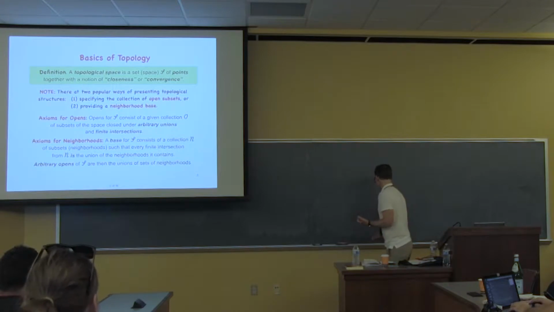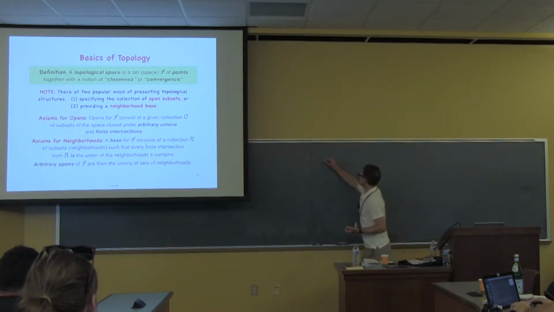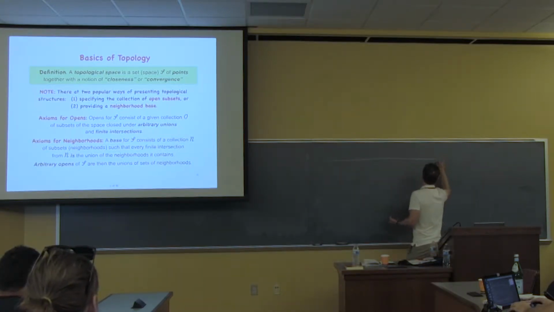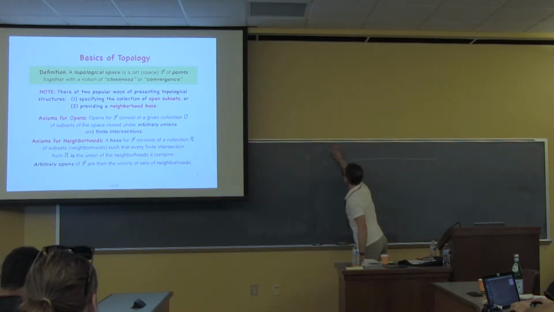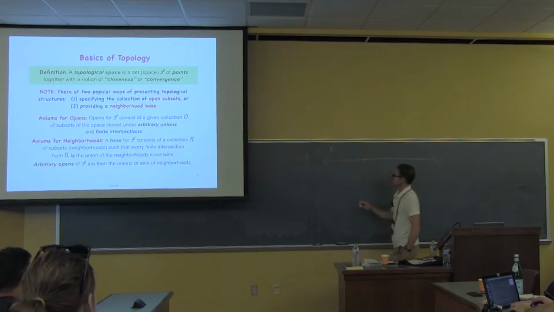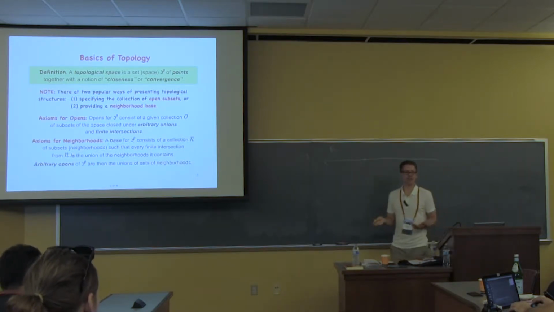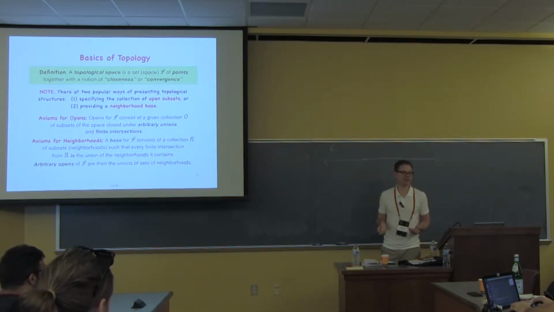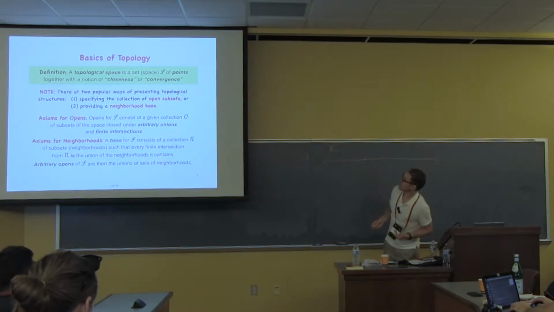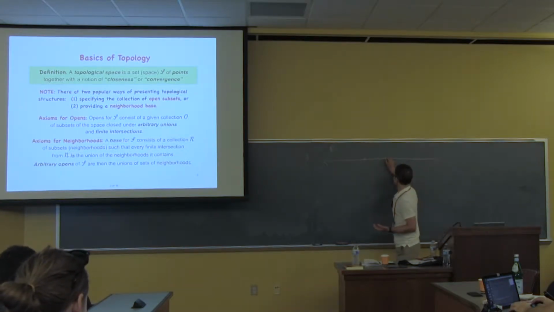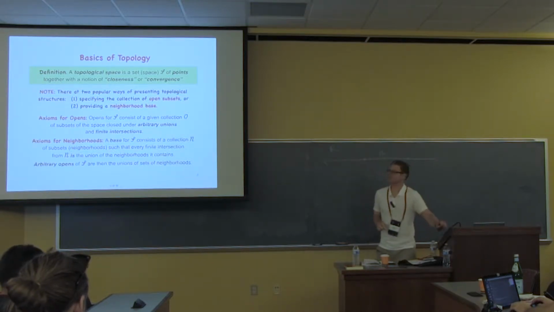We're all familiar with the real number line. This real number line is an example of a topological space. And you've got points in the space, and that literally corresponds to points on the number line.